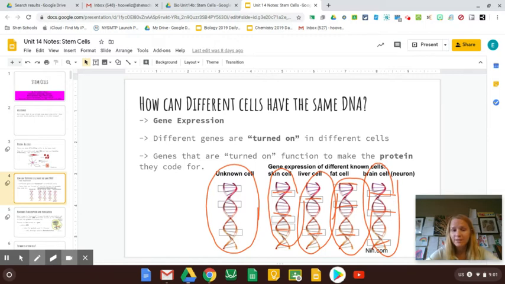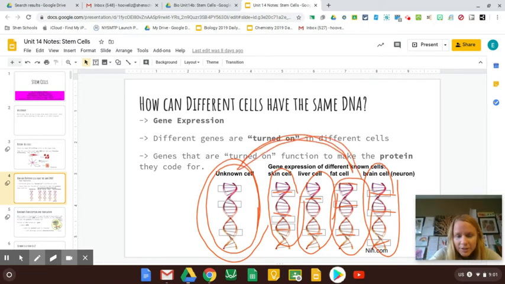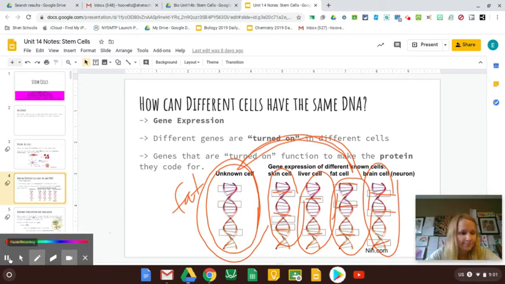And we can use that to identify them. We can say, okay, what's this unknown cell? Well, it looks like it has the same genes turned on as the fat cell, so this unknown cell must be a fat cell. So it's important that you know cells turn on or use different genes in your DNA. So what is a stem cell then?